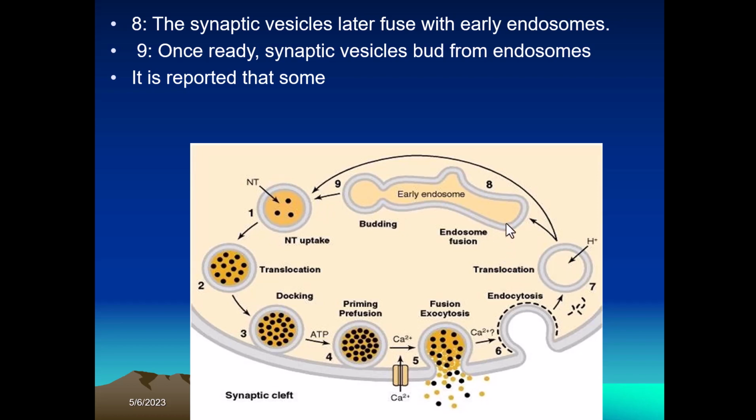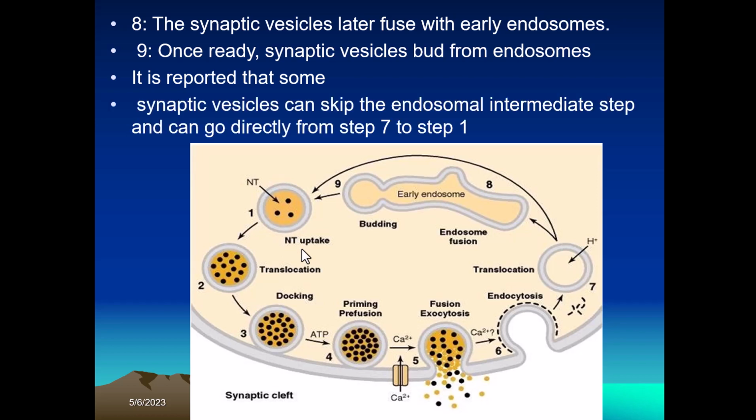The vesicle doesn't attach with the endosome, but goes directly to step 1 and is reloaded with acetylcholine, and then reused for the production of synaptic activities by releasing acetylcholine into the synaptic cleft.